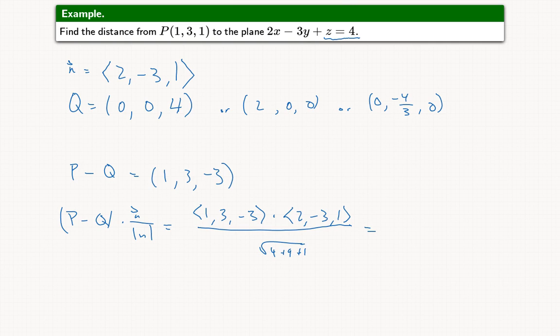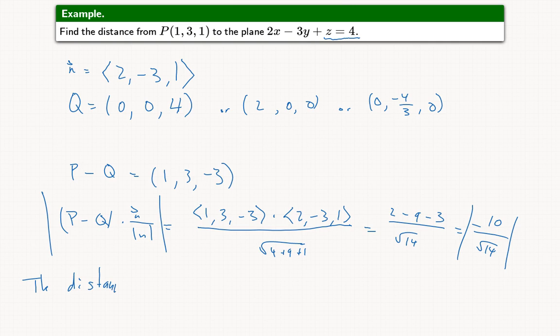So this will be 2 minus 9 minus 3 over root 14 equals negative 10 over root 14. Now, since we want to find the distance, take the absolute value of this, and so we get that the distance from P to the plane is 10 over root 14.